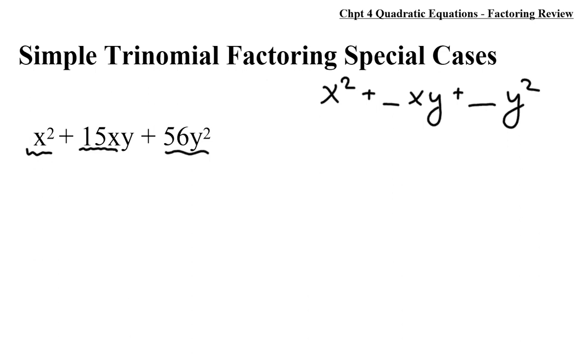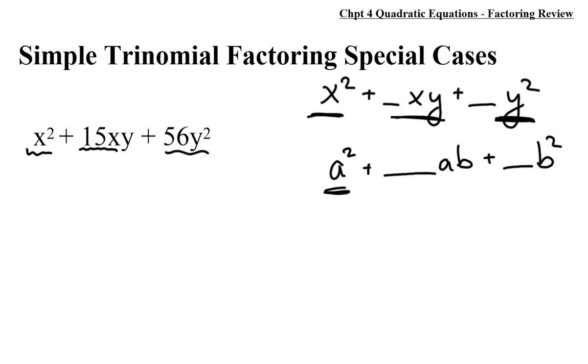So the trick is, if you have an x squared, a y squared, and one of each in the middle, or an a squared plus an ab plus a b squared, one of each in the middle. This is the special situation. Drop the y to start.